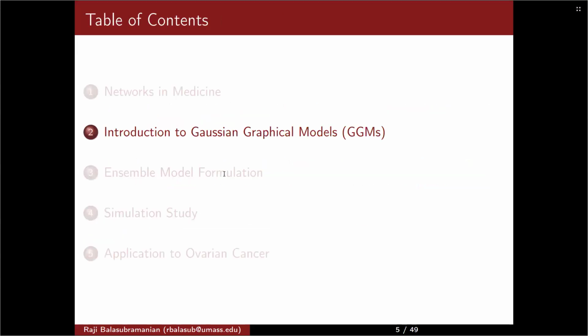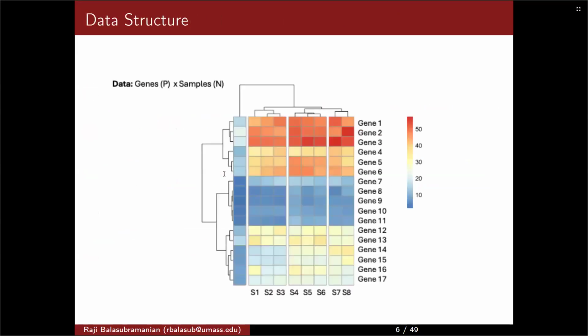Okay, so stepping back into our work, I'd like to go over a little bit about Gaussian graphical models and how they apply to the kind of data that we're trying to model in our application. To make this more concrete, we're thinking of a data matrix which has some number of rows that represent individual features that you're measuring.